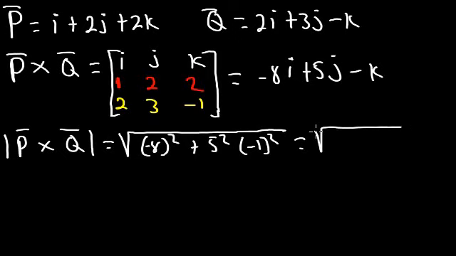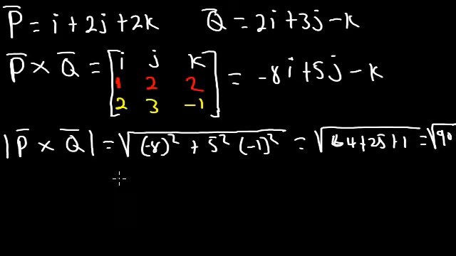Simplifying this, we have square root of 64 plus 25, then plus 1. And finally, that is just 64 plus 1 is 65, plus 20 is 85, plus 5 is square root of 90. So can we simplify that to the lowest term?